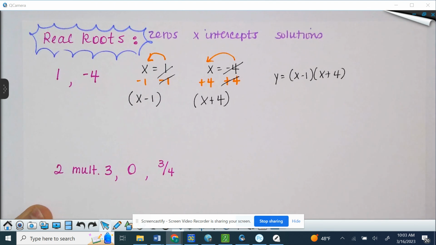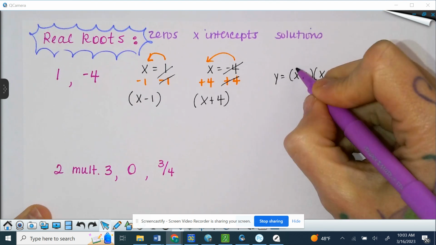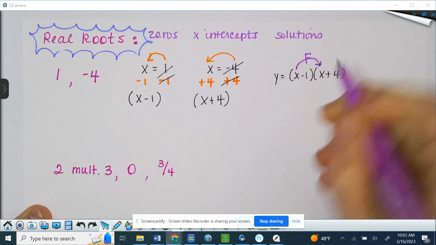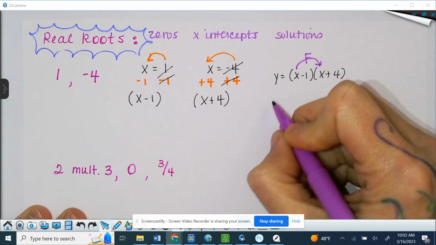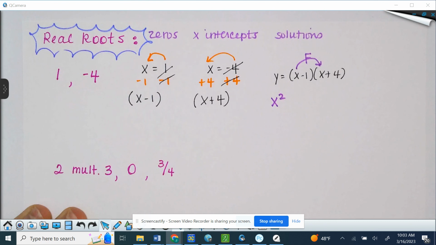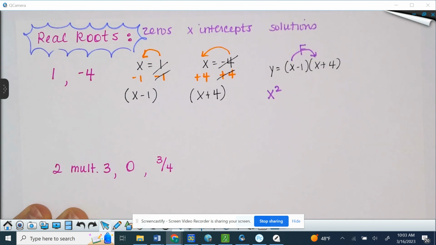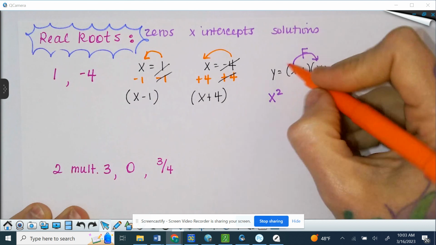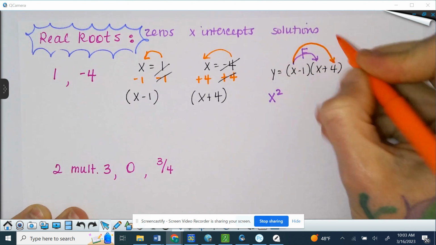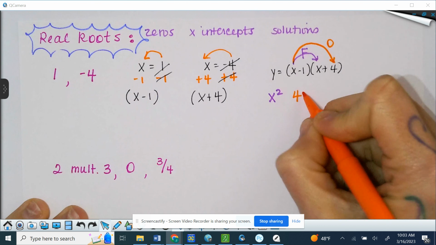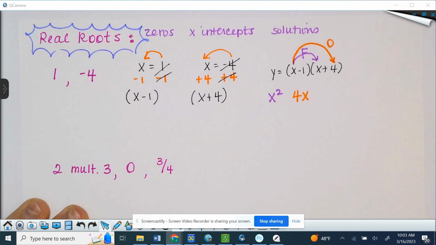Now, if you do FOIL, x times x is x squared. I've watched students get wild and crazy and draw all of their arrows at one time. Don't do that, because it doesn't help you. X times 4, that's our outer, is going to be 4x. And then we have -1 times x.